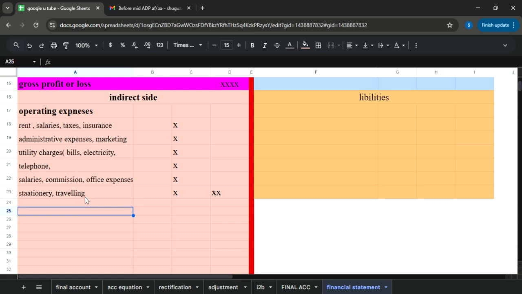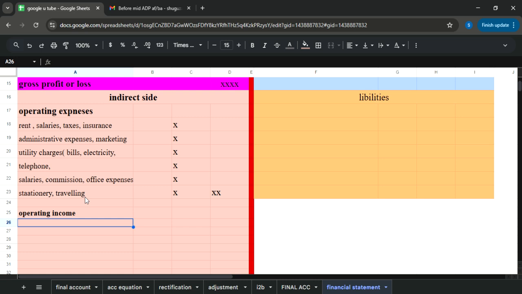After which, with a difference of one line, you will be adding your operating income. This operating income will include the income you are getting from your business, but that income which is indirectly associated. For example, if you are receiving rent, here we will write rent received, and this income you will calculate over here, and finally the sum of this income would be put over here.